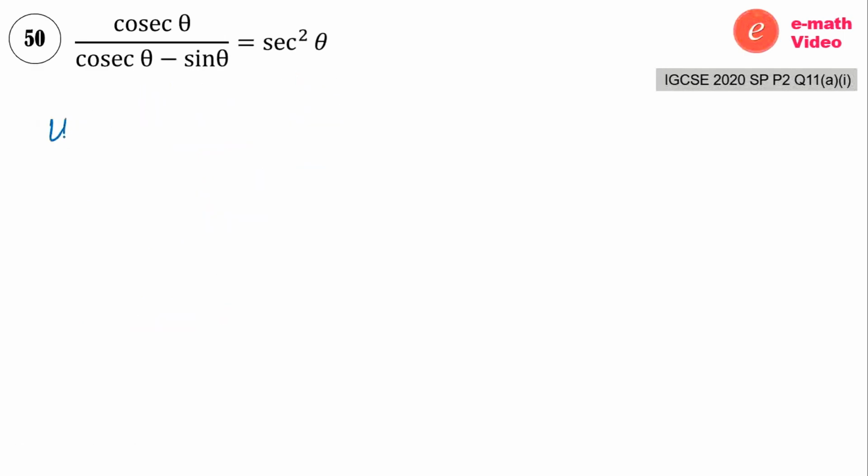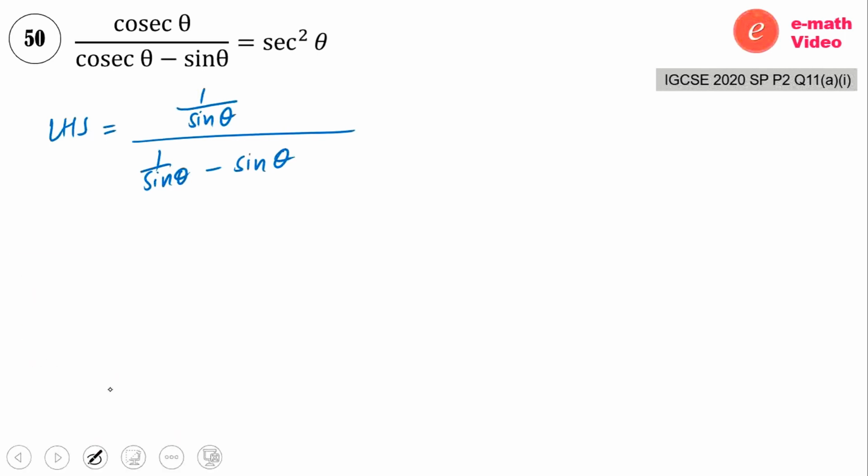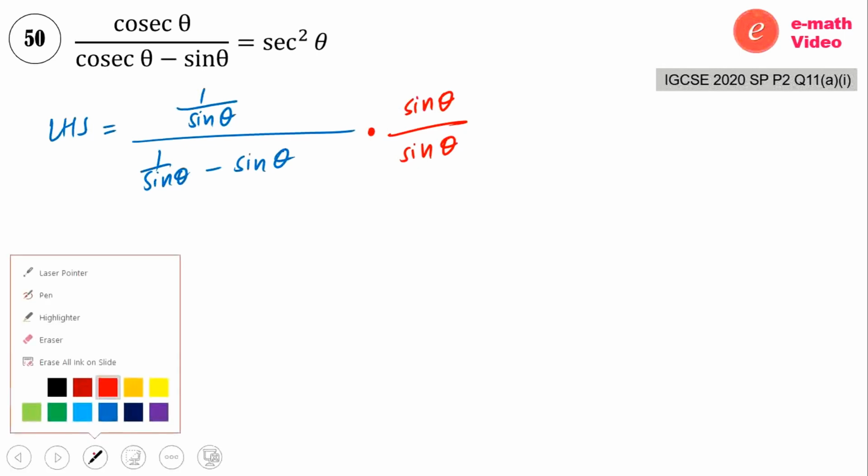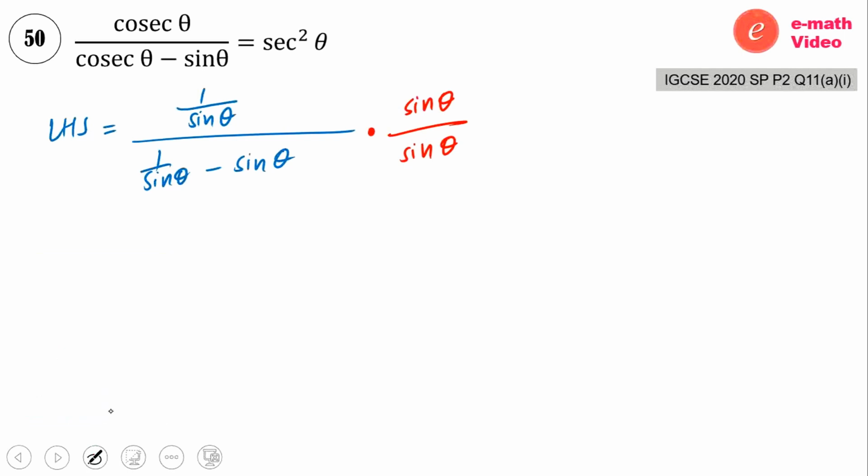Number 50, last question. Alright, on left hand side, we have cosecant is 1 over sine. Cosecant: 1 over sine minus sine theta. Then because we have a secant square on right hand side, we'll multiply it by sine theta over sine theta, so that I will have a sine square, so that I will have a 1 minus sine square on below, which equals cos square.